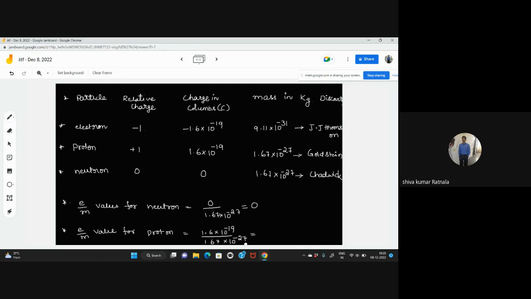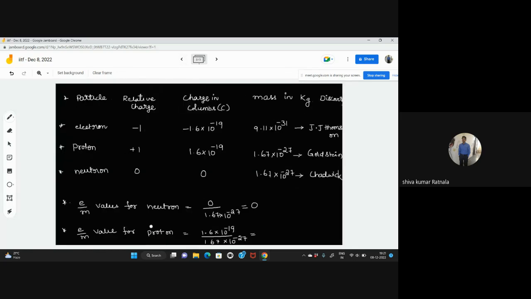We can divide and simplify this value. Similarly, e by m of electron we can also find. Generally, for proton it will be nearly 9 point something.